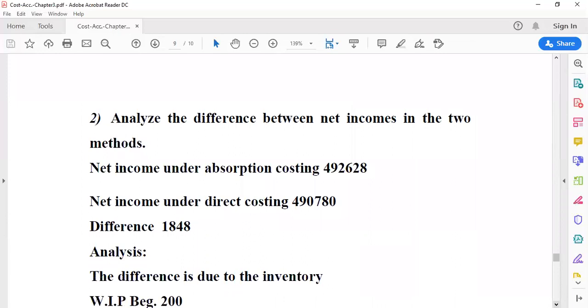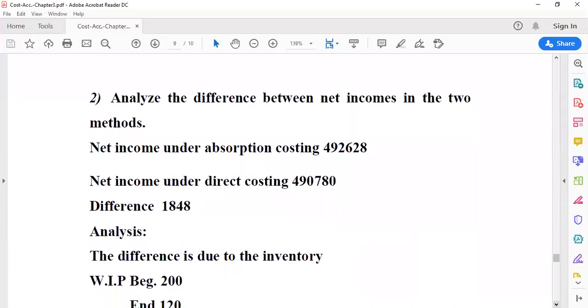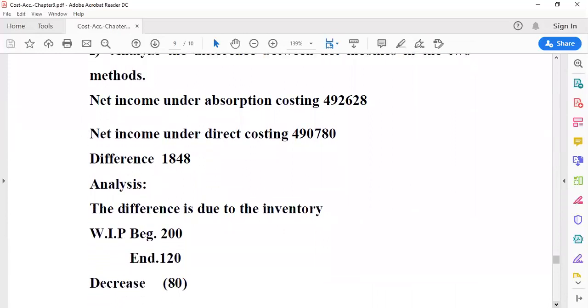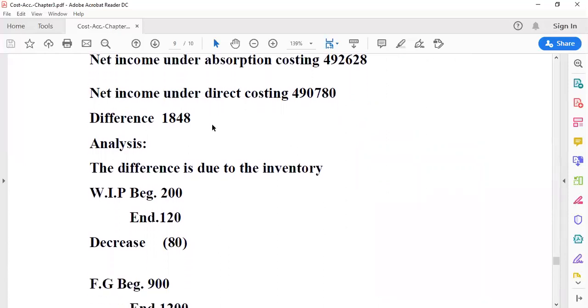To analyze the difference between net incomes in the two methods, we need to write down once more the net income under absorption costing, and then the net income under direct costing, to get the difference. If you subtract the two numbers from each other, you will get 1,848. We need to analyze why this difference happened.